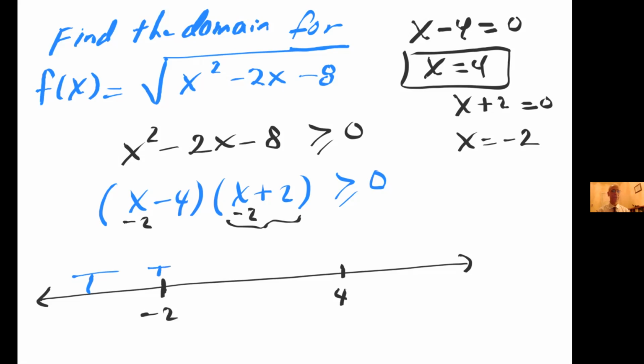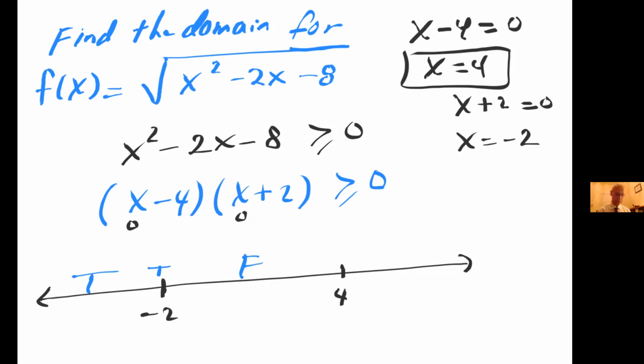Between negative 2 and 4, an easy number to test is 0. So I'm going to assign 0 to x. When x is 0, I get negative 4 times positive 2, which is negative 8, and negative 8 is not greater than or equal to 0, so I get false here.